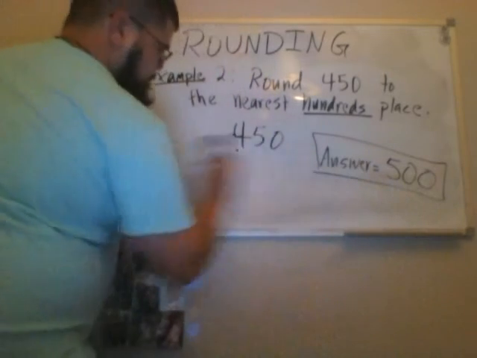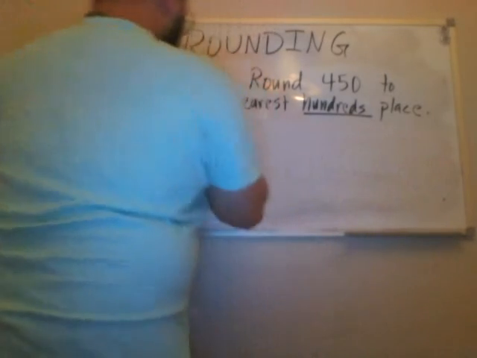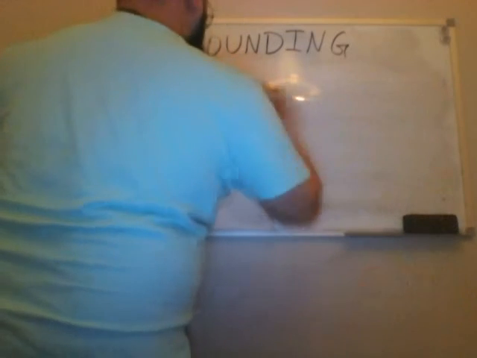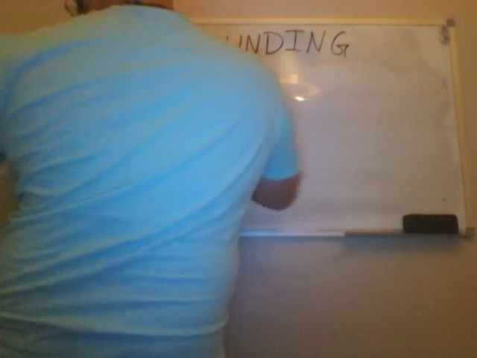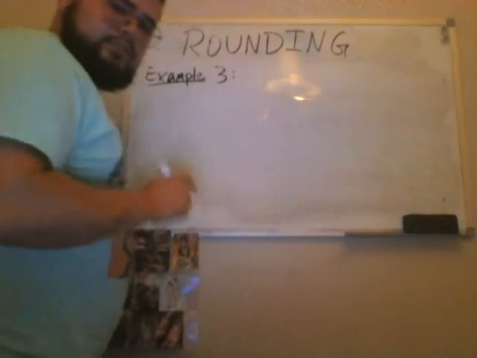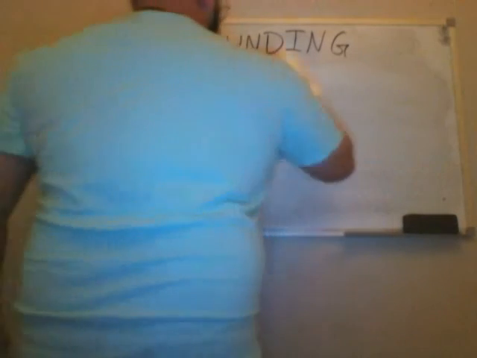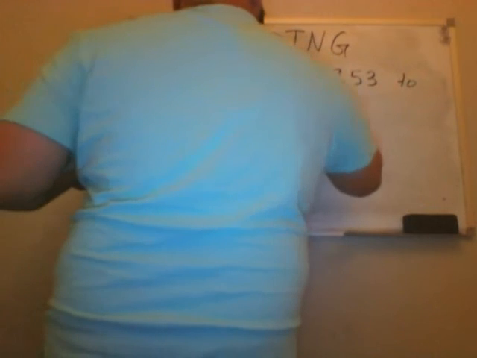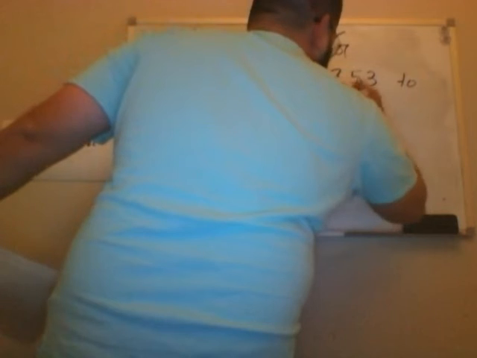All right, here we go with example number 3. We're gonna get into decimals now, so it's gonna get a little weird. It's okay. Round 37.53 to the nearest tenth.